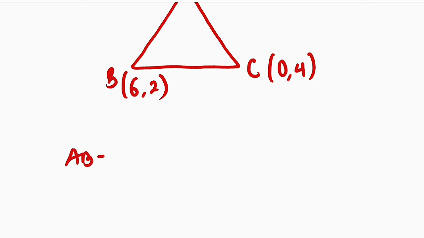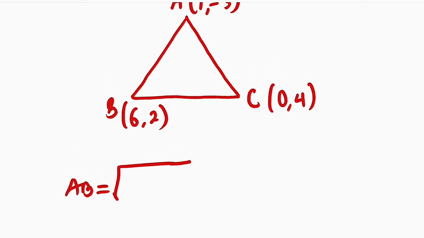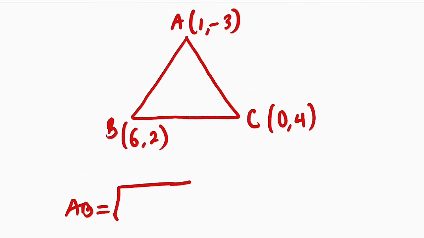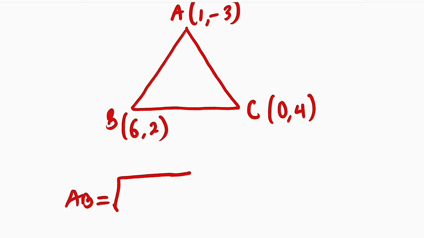AB will be equal to what? The square root of (x2 minus x1) squared plus (y2 minus y1) squared, and you can start from either side. So if I consider this one as x2 and this as x1, I have (1 minus 6) squared, and 1 minus 6 is minus 5.